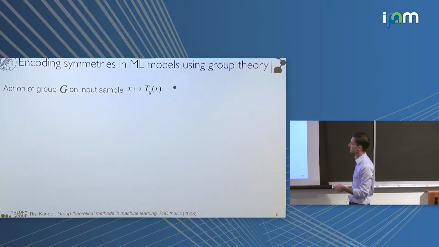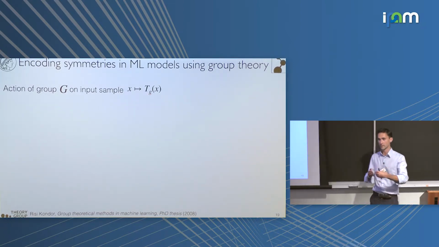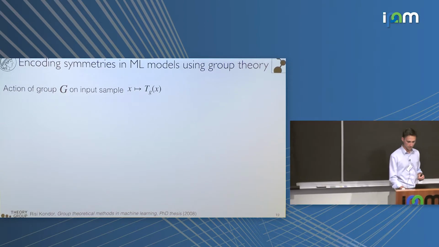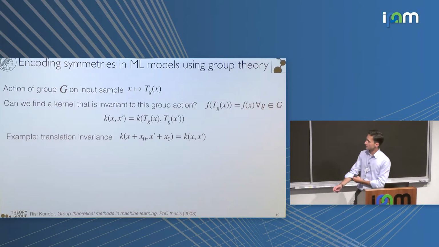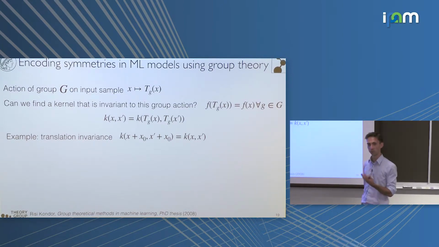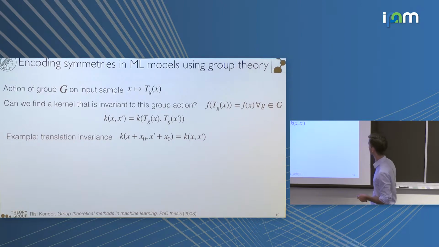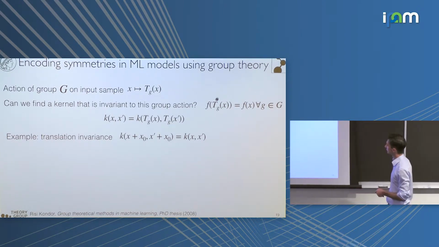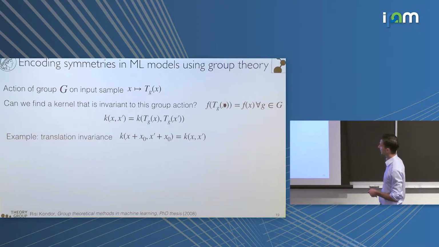This could be the group action. Now the question is, can we build a kernel or a machine learning model that is invariant to this group action? What you want is that your target property f of T of x is equal to f of x for any member of the group, right?